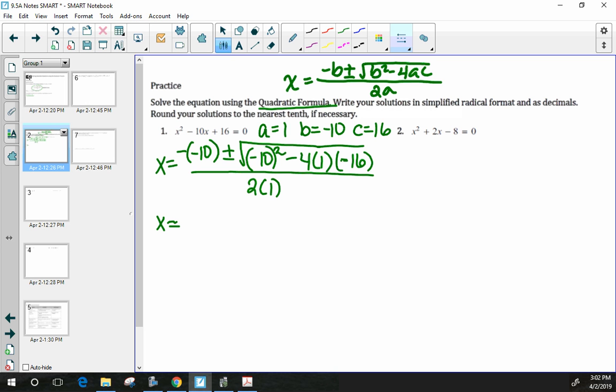A double negative here becomes a positive 10. Negative 10 squared, negative 10 times negative 10, is 100. I almost feel like with these, it's better to do it in your mind, because the calculator is great, but if you don't tell it exactly the right way, then you could make some mistakes there. So that's 100. What about over here?